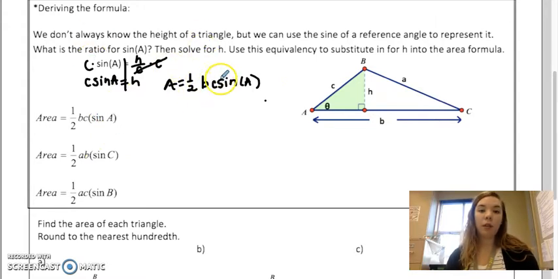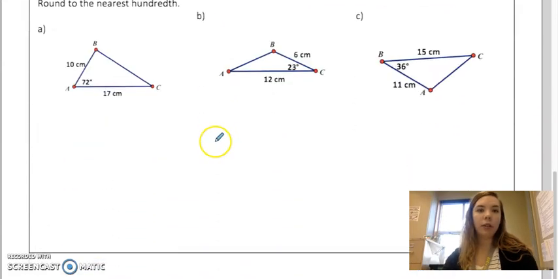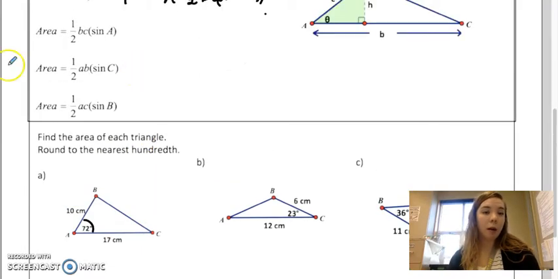On your test, which is a little ways away from right now, you will be given a card with these formulas on it. So you don't have to memorize them, but you do need to know where they come from. Find the area of each triangle, round to the nearest hundredth. So I know angle A, which means I'm going to use this top one.